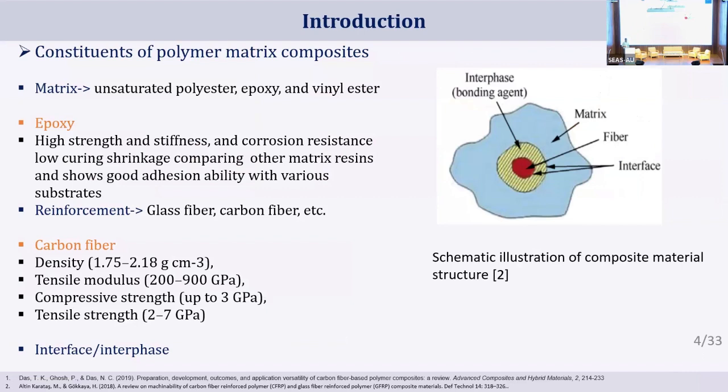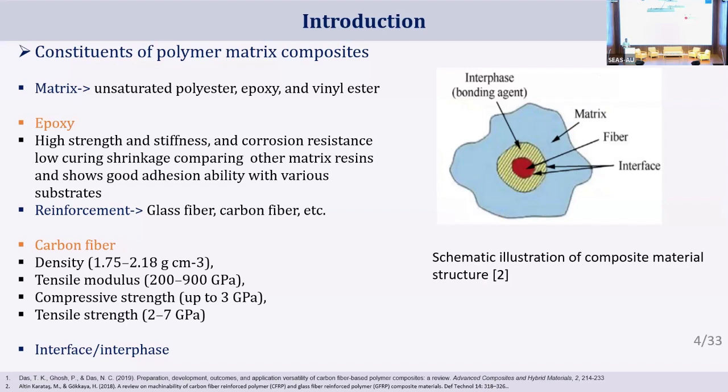If you see the system of any single fiber and epoxy, there are three major constituents. One is the fiber, another is the epoxy, and at the interface region one more region is formed, that is the interphase region. That is formed because of the adsorption of the polymer chains at the surface of the carbon fiber and the entanglement of these polymer chains, and that will have some thickness.